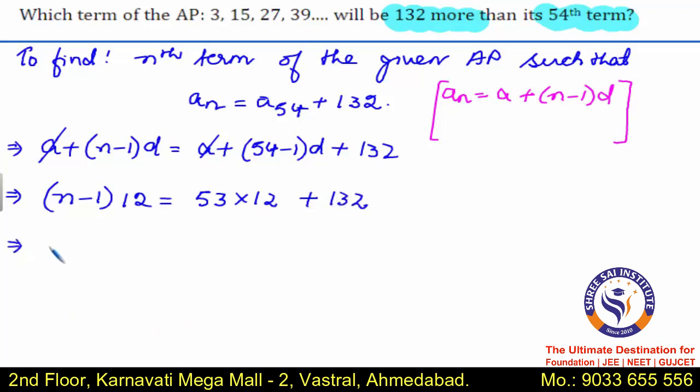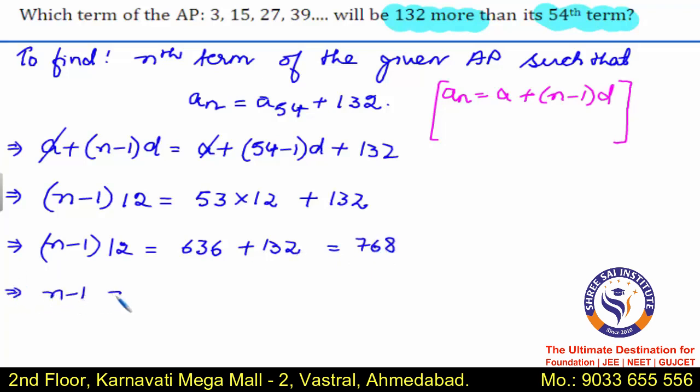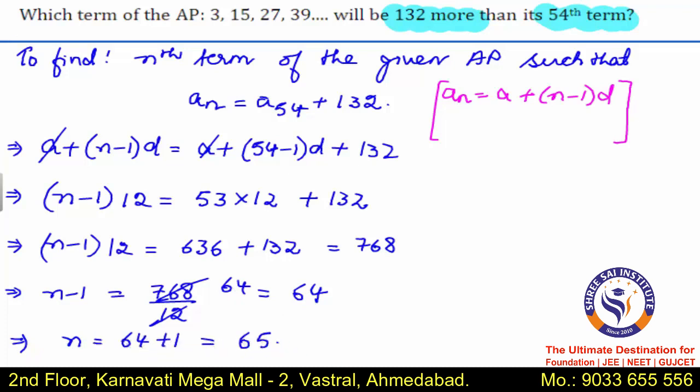This further implies n minus 1 into 12 is equal to 636 plus 132, which is further equal to 768. This further implies that n minus 1 is equal to 768 divided by 12, which is equal to 64. This implies that n is equal to 64 plus 1 is equal to 65.